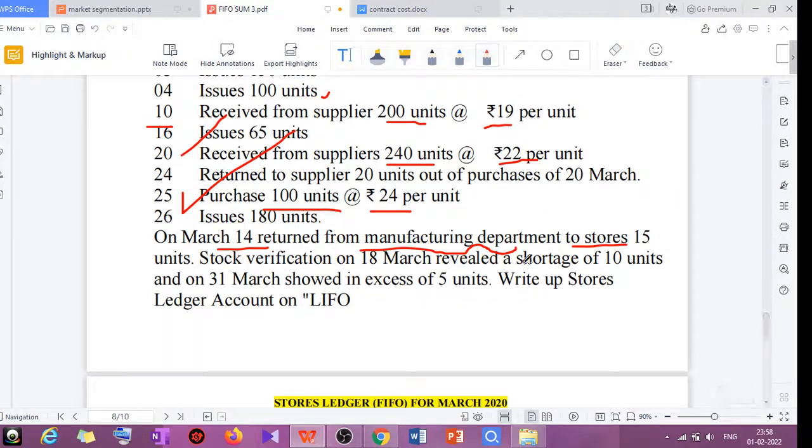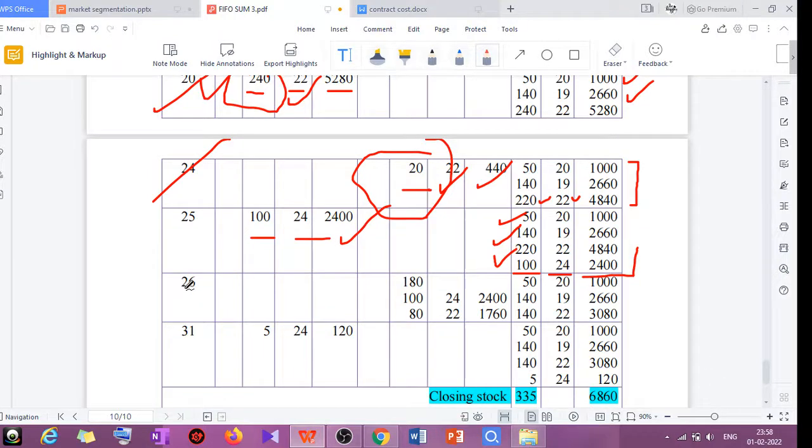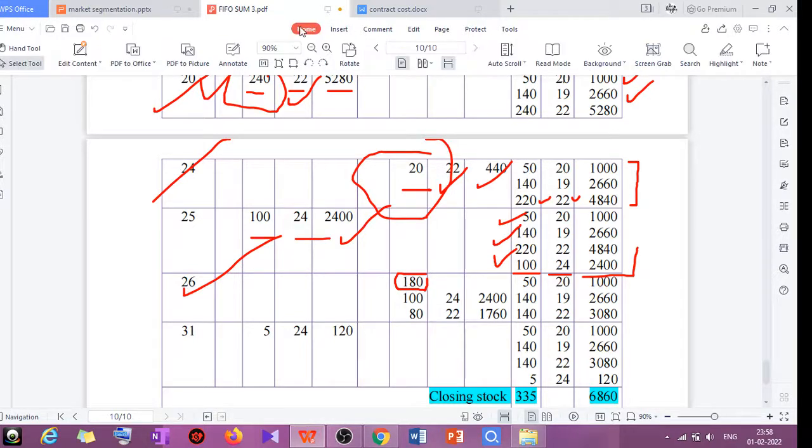Next, on 26th, there is an issue of 180. Now be careful here. On 26th, there is an issue of 180. Now you check here, this is the LIFO method, you have to give from last, right?